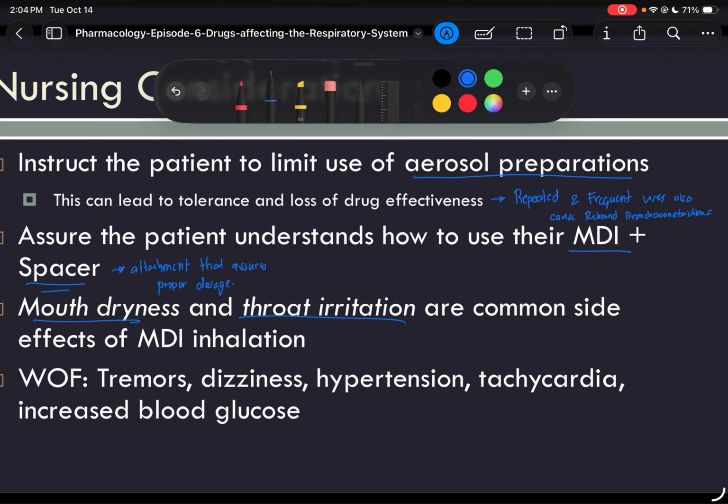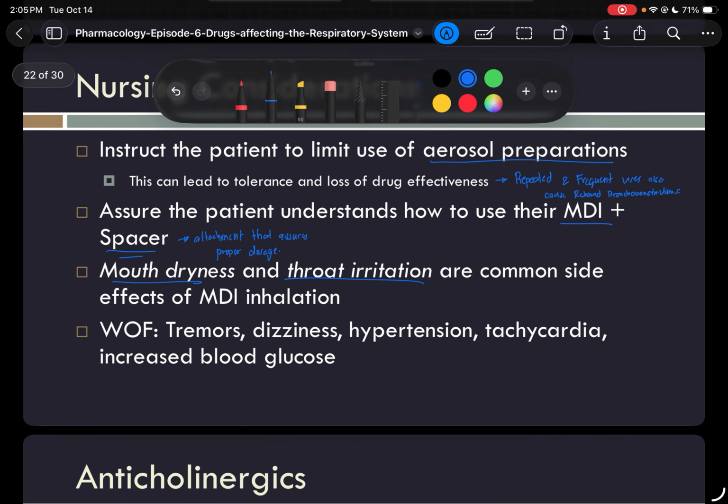Strepsils. Yes, Strepsils, the lozenges. There's also a preparation that is inhaled.